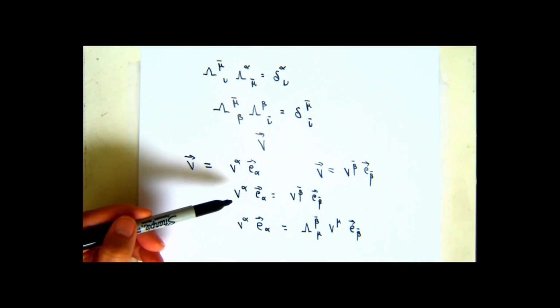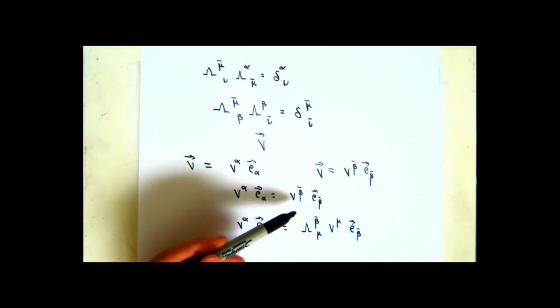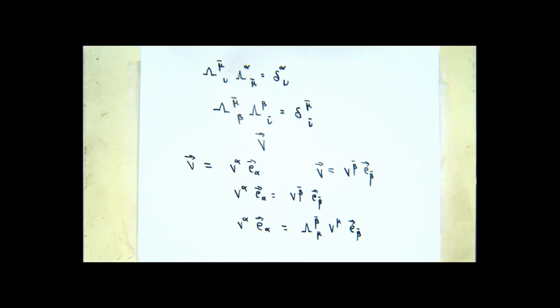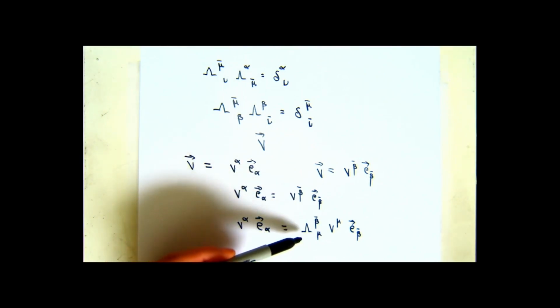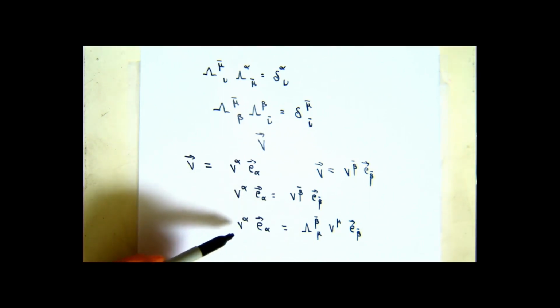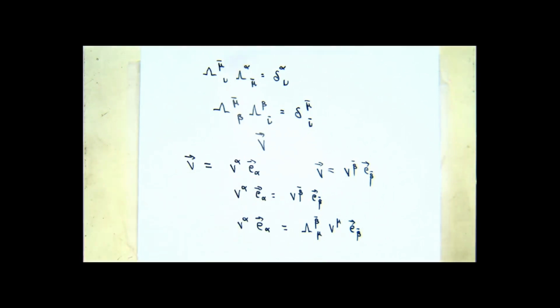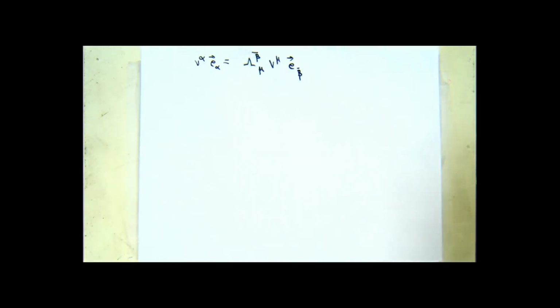On the other hand, we have just now found out how to express v beta bar in terms of the unbarred components of vector v. V beta bar is lambda beta bar mu v mu, so this must be true. On the left side of that equation, there's a sum.